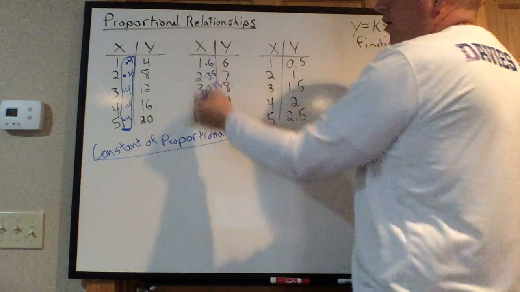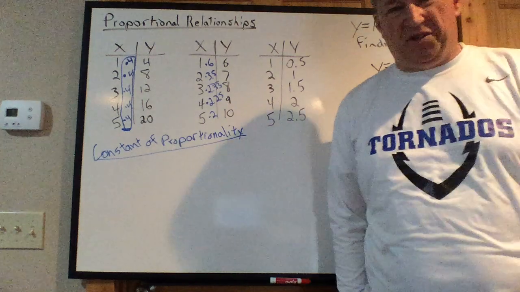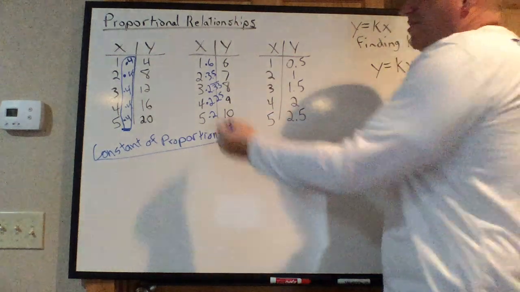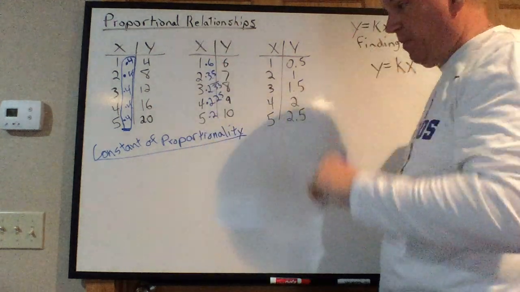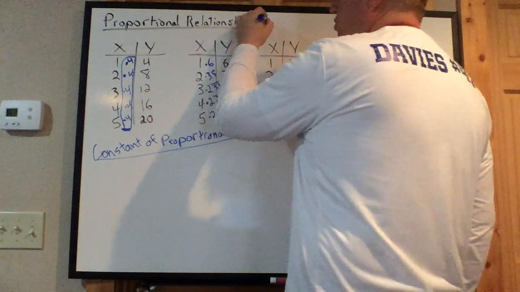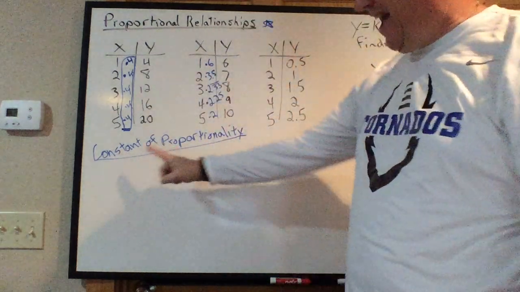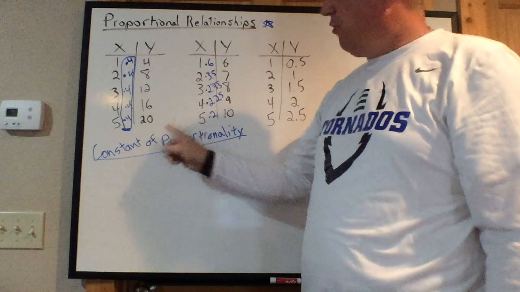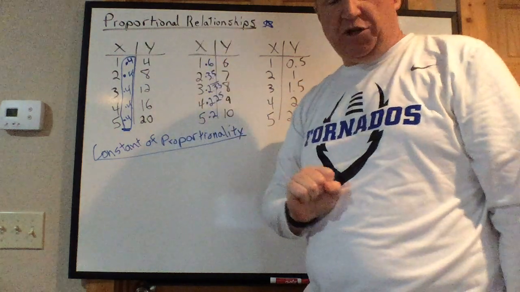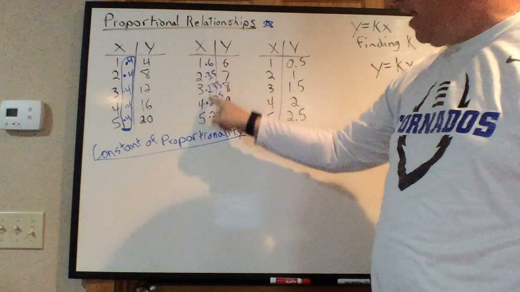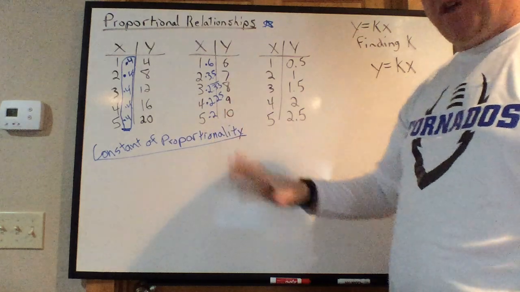Now, nowhere along here are any of those numbers the same. So this one does not have a constant of proportionality. Therefore, it is not a proportional relationship. It has to have a constant of proportionality in order to be a proportional relationship.